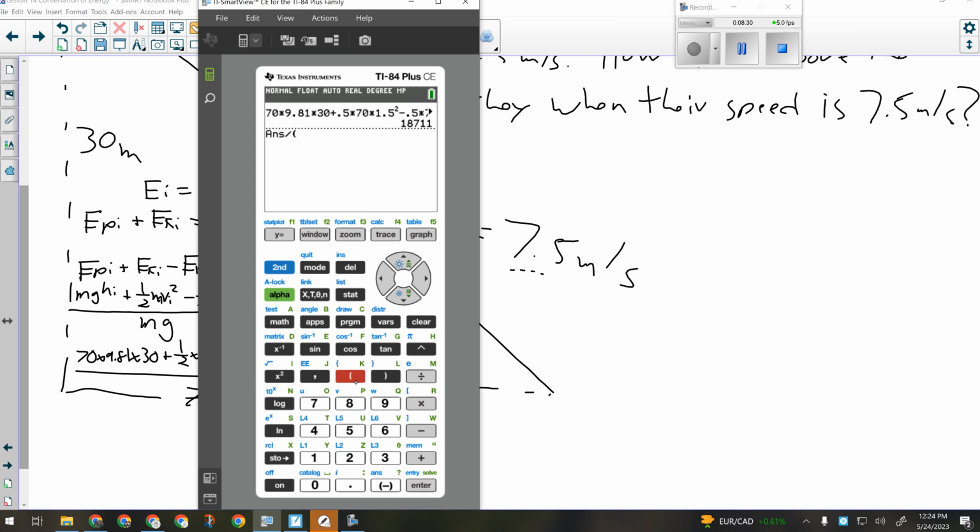Okay, divide that by 70 times 9.81. Okay, so they haven't gone very far. They're still 27.2 meters above the bottom of the hill. Because it actually doesn't take very long for you to pick up speed on a frictionless hill. Not that one of those exists, but it really wouldn't.